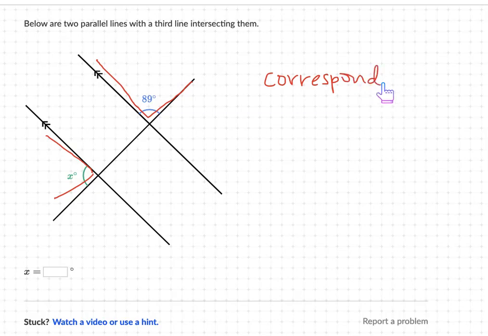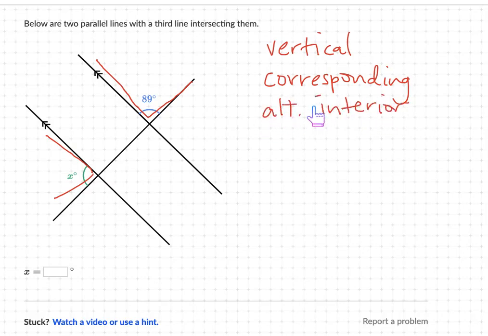There's 4 types that can be equal to each other. There's vertical, there's corresponding, there's alternate interior, there's alternate exterior. Are they vertical? Are they directly across from each other? No. Are they corresponding? Same position, same side. They're same side, not same position. This is top left and this is bottom left.